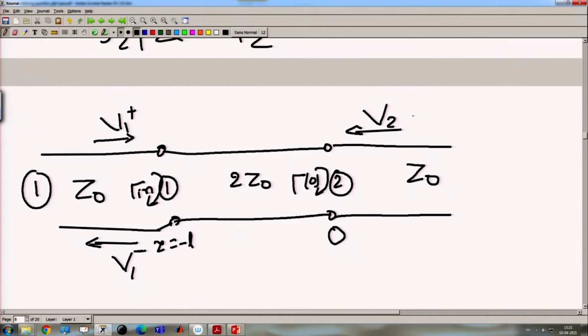So there will be no reflection from this, that means V 2 plus will equal 0.